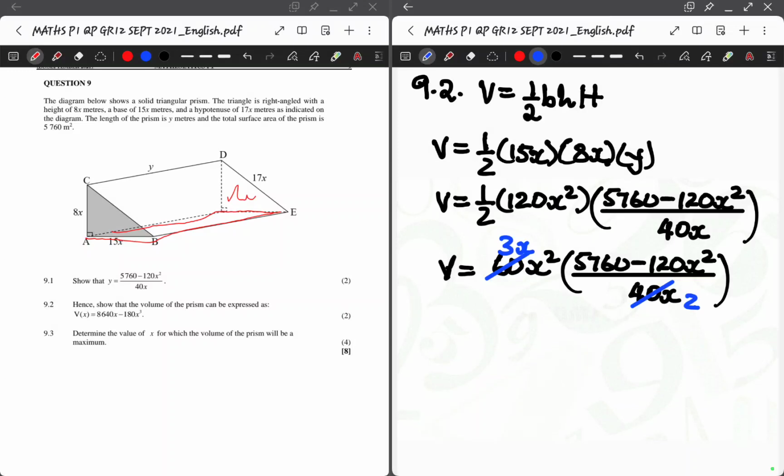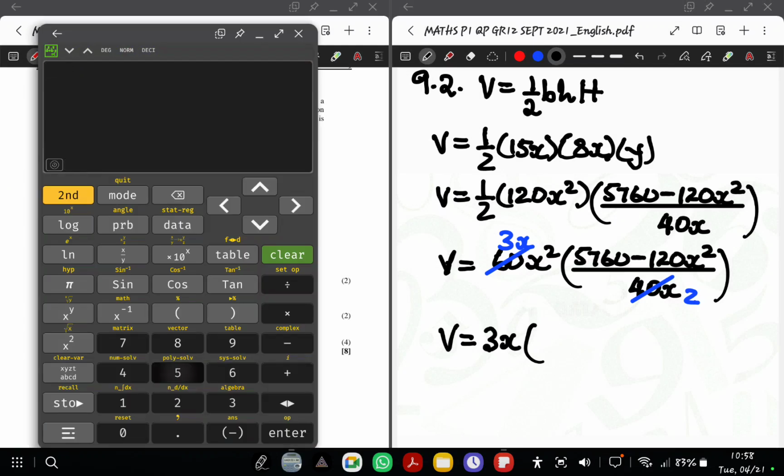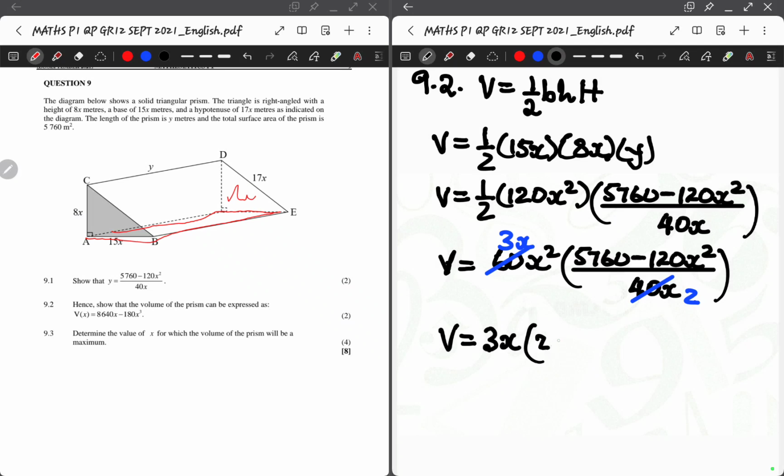All right. After that, we've got V equals 3x into, we can divide inside, 5760 divided by 2, that will be 2880, minus 60x squared.